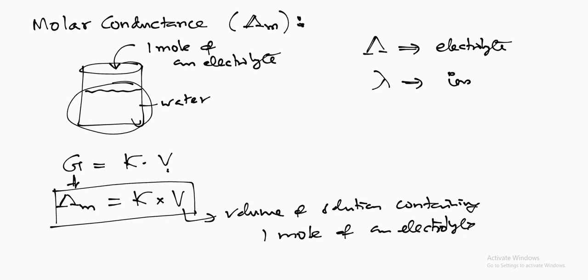If you don't put 1 mole, if you put some other amount, 0.5 mole or 0.1 mole, then it is not molar conductance. Molar conductance is nothing but kappa into V, where V is the volume of the solution containing 1 mole of electrolyte.